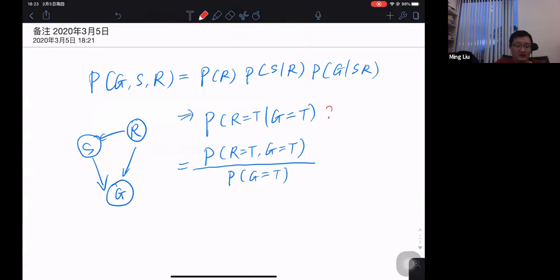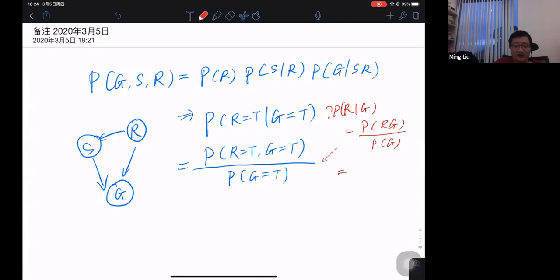Typically you can understand this as the probability of rain given the grass is wet, right? So it's nothing else than the joint distribution over the marginal distribution of G.